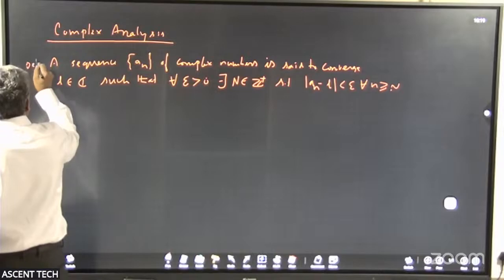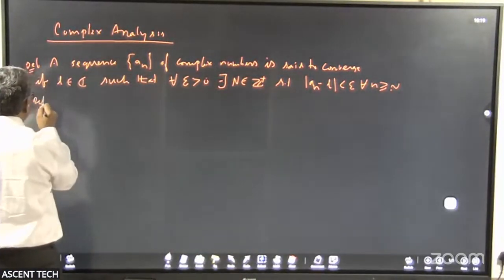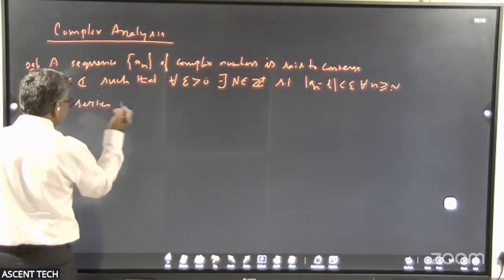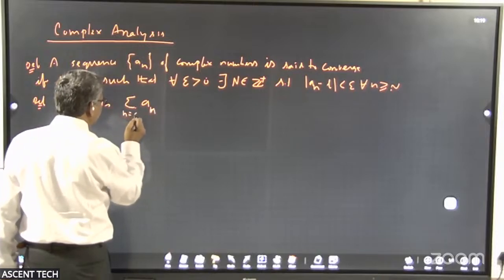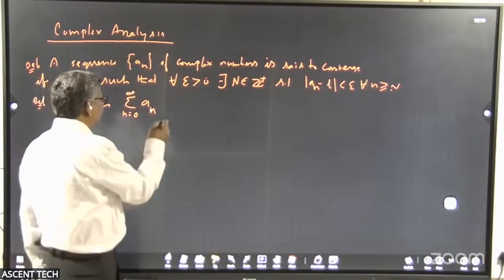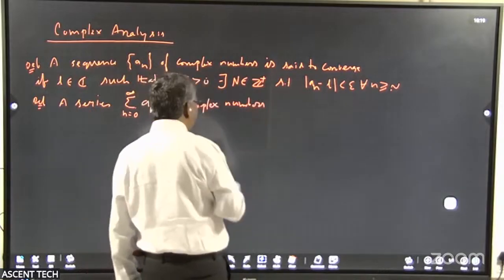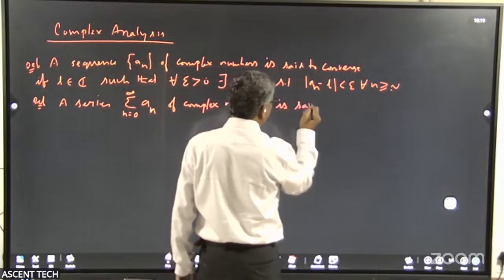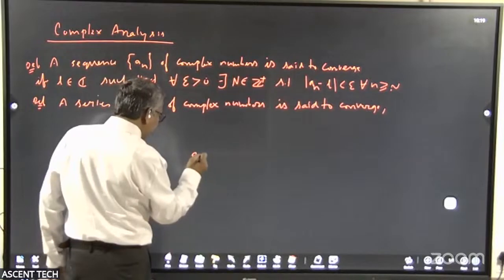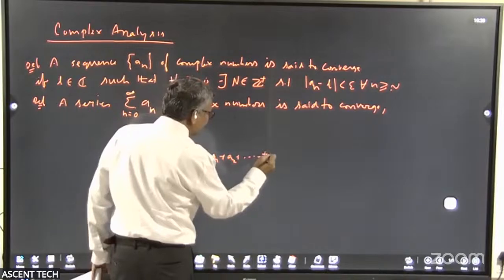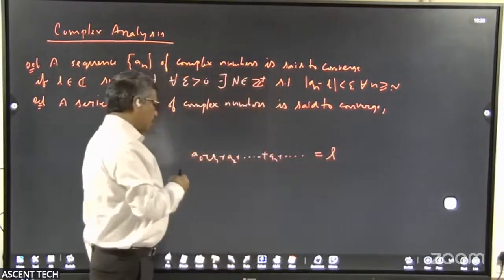Everybody knows. Now, if I have a series of complex numbers, not just a sequence but their sums, the series sum of a_n, n equal to 0 to infinity, or 1 to infinity, is said to converge if the sequence a_0 plus a_1 plus a_2 and so on forever goes to some limit.